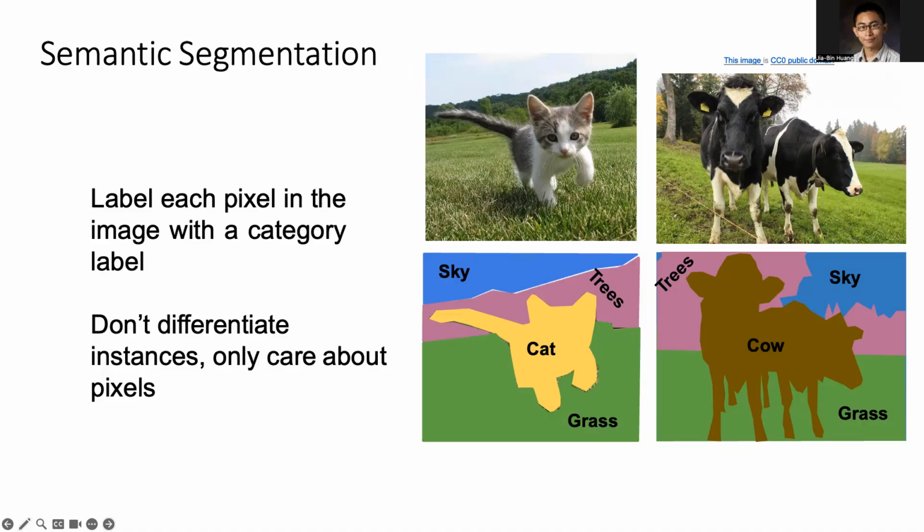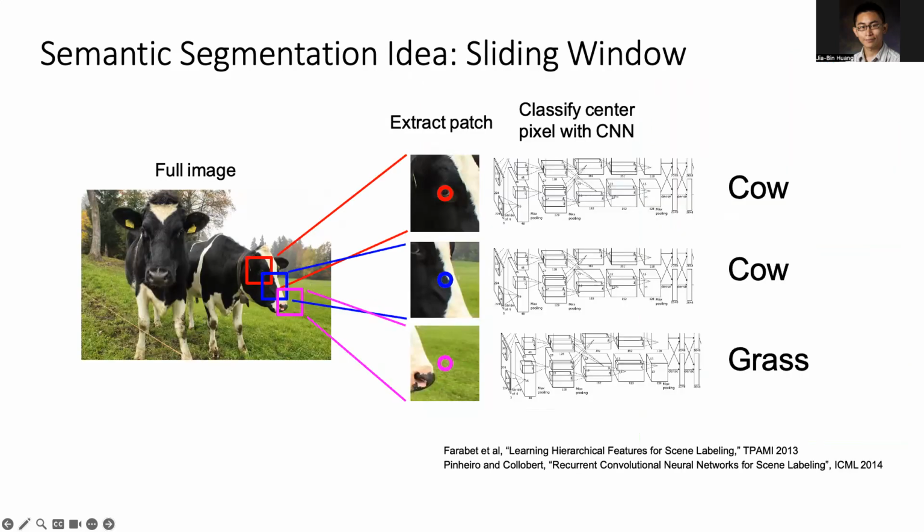All right, so how do we do this? The simplest approach is probably the following. I take this image. I already have a model that takes a fixed size patch and predicts a class. The simplest model is to take this image, and for every window, I pass it through this CNN model and predict the class label. Okay, what's the problem of this?